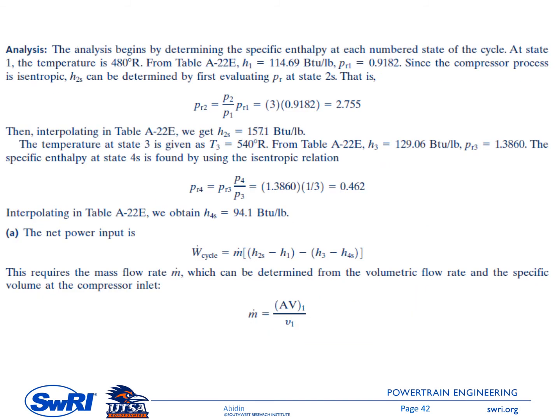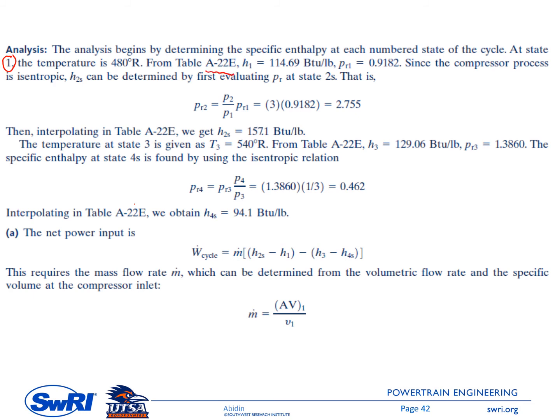The first step is fixing properties at each state. We can start with state number 1, at the entrance of the compressor. Temperature and pressure are given. This is air, and it is a British unit, so we need to use table A22E.